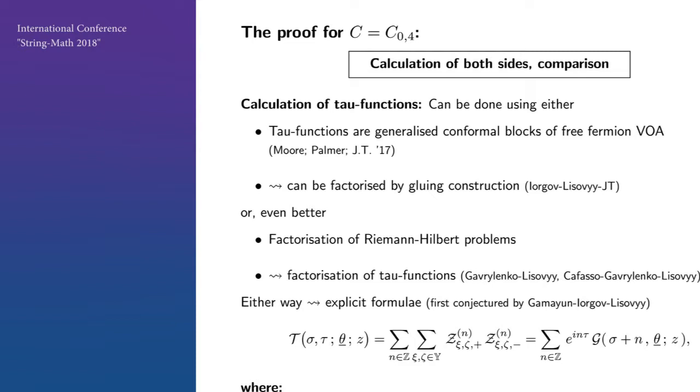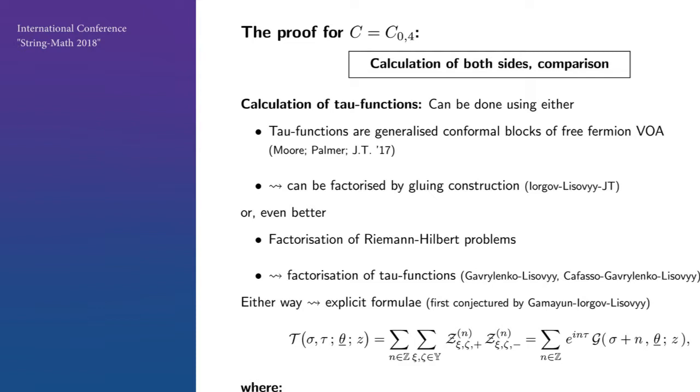The basic observation goes back to Moore. A variant, not in the language of conformal field theory, was given by Palmer, and for the generality or the context that we need here, I've given a convenient reformulation a little later. All right, so having interpreted them as conformal blocks, we can use the standard tools from conformal field theory.